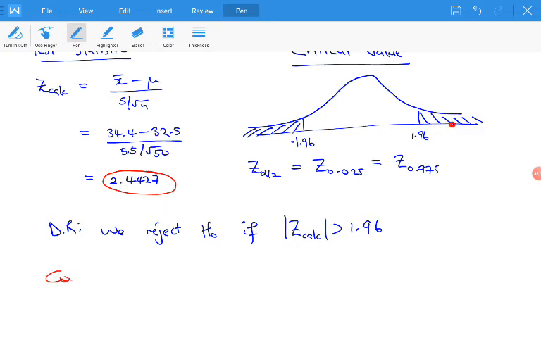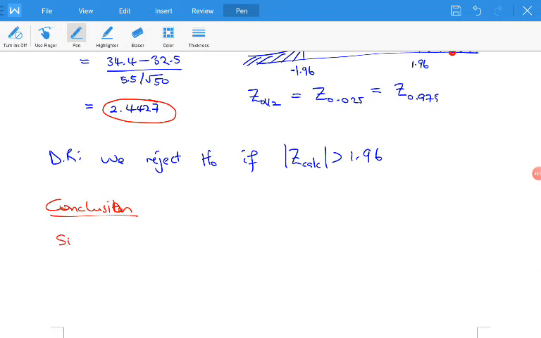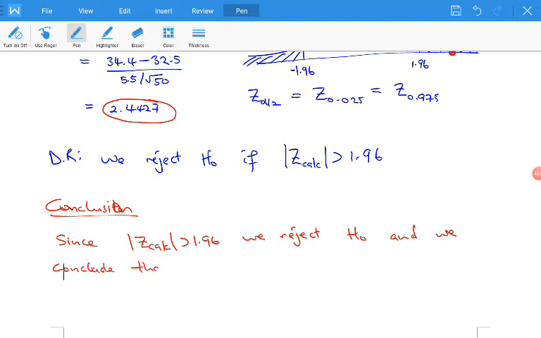So our conclusion: since the modulus of z calc is greater than 1.96, we reject H naught, the null hypothesis, and we therefore conclude that the mean age for the policyholder has changed.